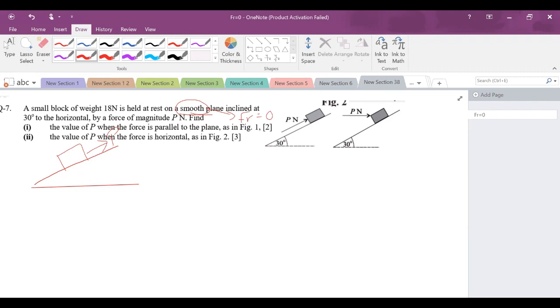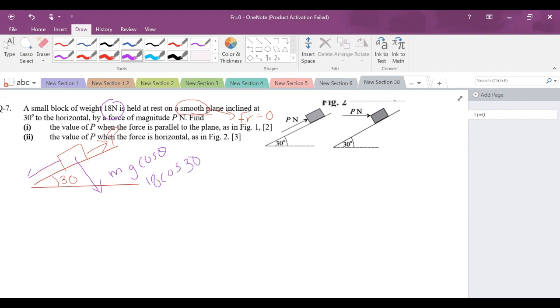Now we're going to break down the weight mg into its two components. One is in this direction, which is always mg cos theta. Do we have m in this question? We have 18 Newton, so the weight is 18 Newton. So mg itself is 18. It's going to be 18 cos 30.